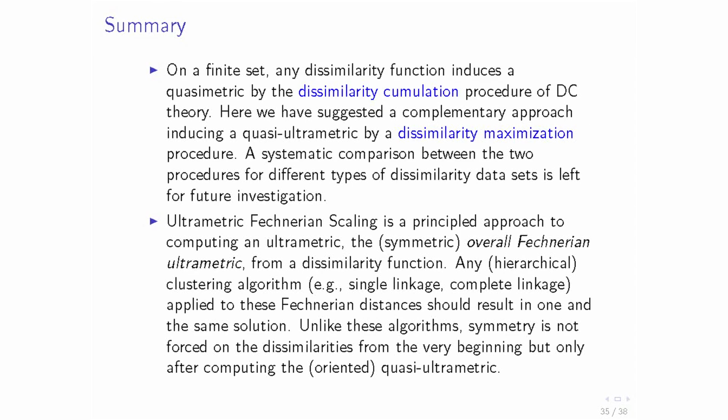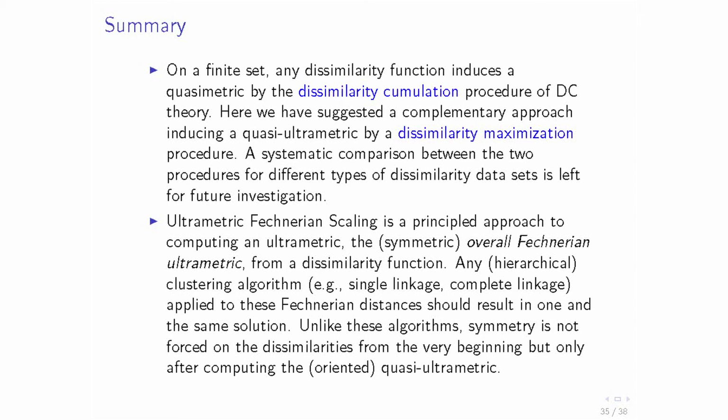Okay, let's just summarize a bit. On a finite set, any dissimilarity function induces a quasimetric by this dissimilarity cumulation procedure. We have now suggested a complementary approach inducing a quasi-ultrametric by dissimilarity maximization. A systematic comparison between these two procedures is left for future investigations.